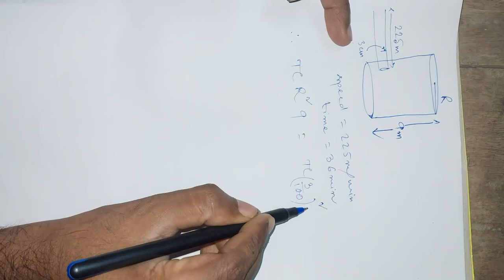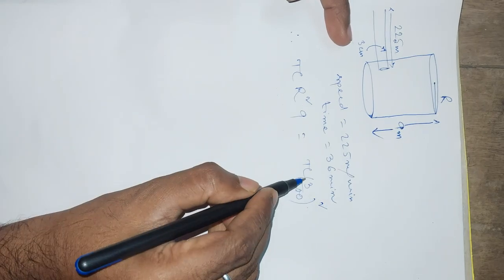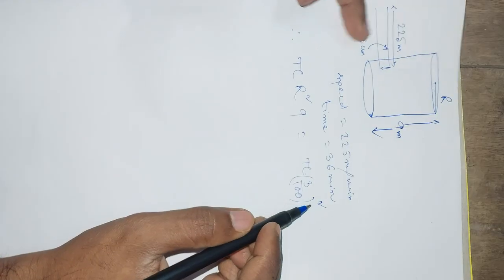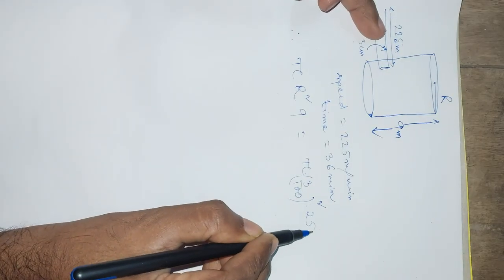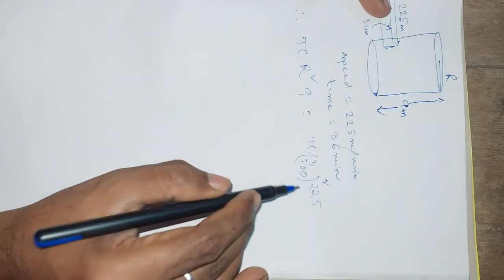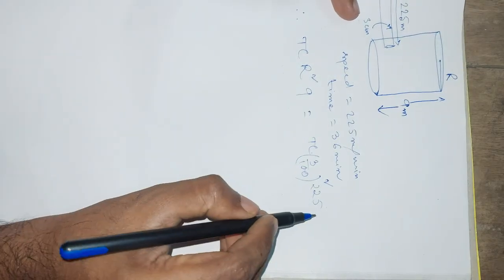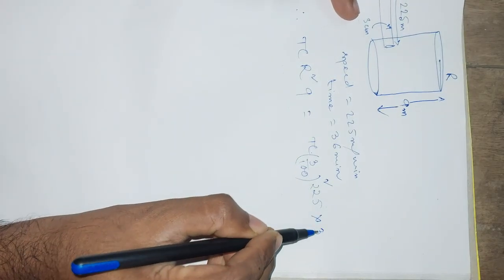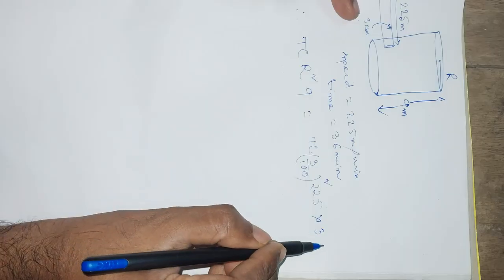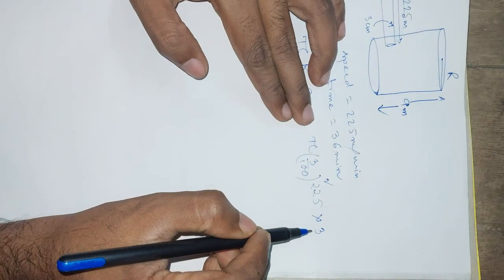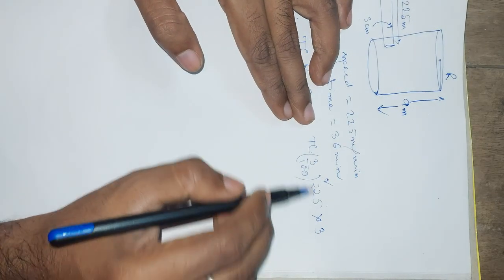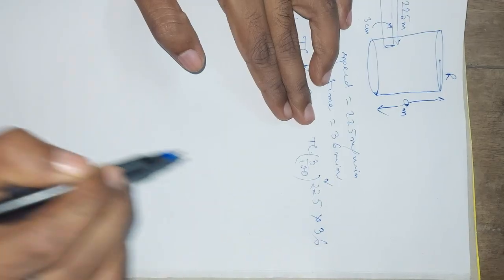Pi r square into h, which is 225 meter. This volume of water has been transferred in 1 minute. So in 36 minutes, the volume of water transferred should be equal to this into 36.